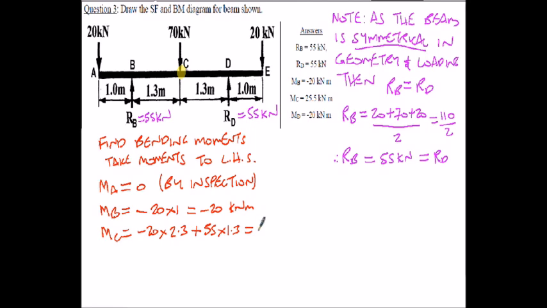That gives me a value for bending at C of 25.5 kilonewton meters. Now by symmetry we can see that the MD is equal to the MB, and of course the ME is equal to the MA, equal to 0.